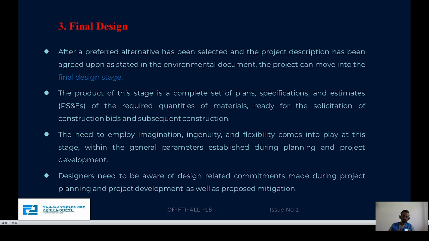So coming to the final design, after the preferred alternative is selected and the project description has been agreed upon in the environmental documents, we move to the final design stage. In this stage we will be adding one lane.